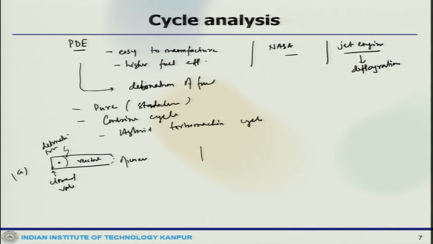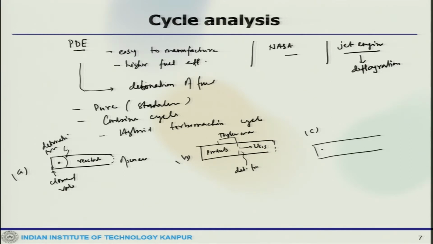Then in the second phase you have the products here, and this is the Taylor wave, this is again the detonation front, and you will have the detonation speed. Then the front goes this side, this is the first reflected characteristic.